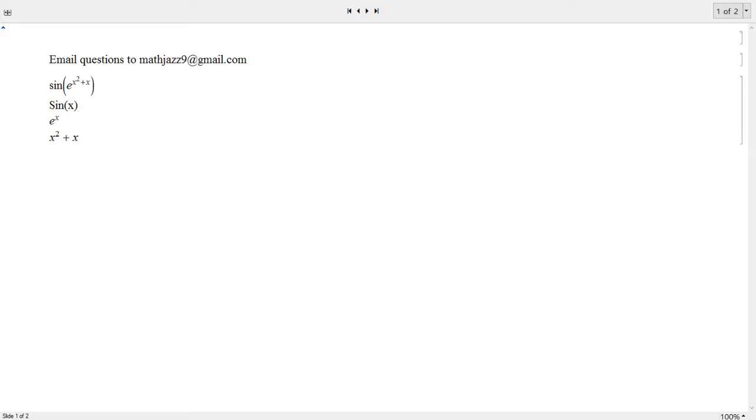What we're going to need to do now is take the derivatives of each of these. The derivative of sine is cosine. The derivative of e to the x is e to the x.